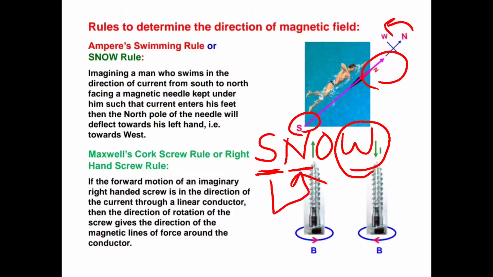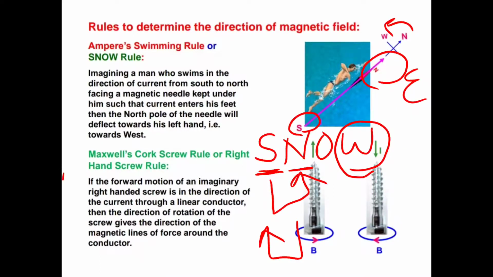And if the opposite occurs, the current will flow from north to south, and then the magnetic needle will deflect towards the opposite of west, which is east. So this is the SNOW rule, which can help you tell the direction of deflection of the needle.